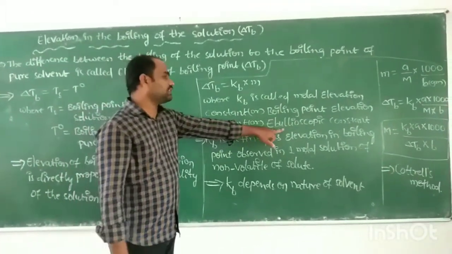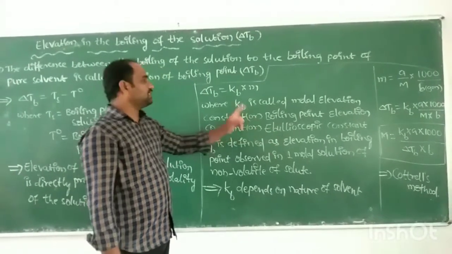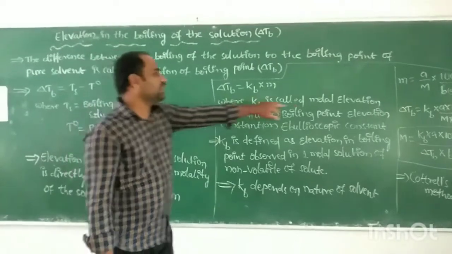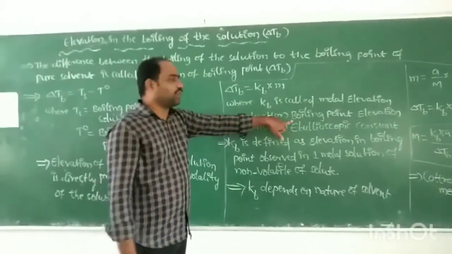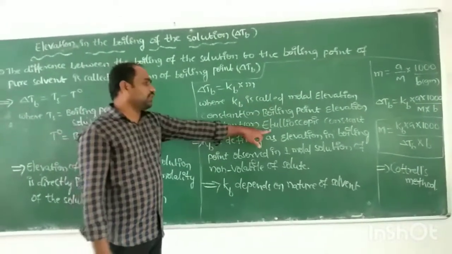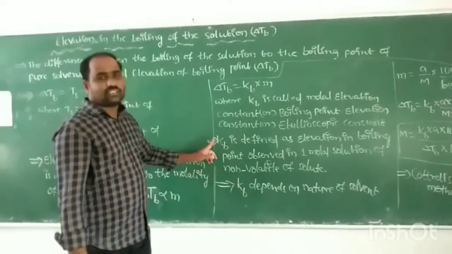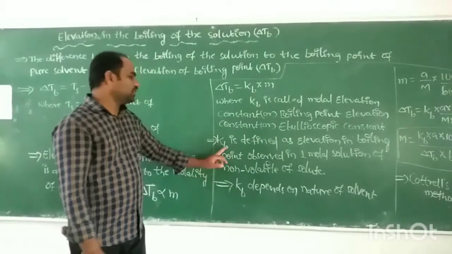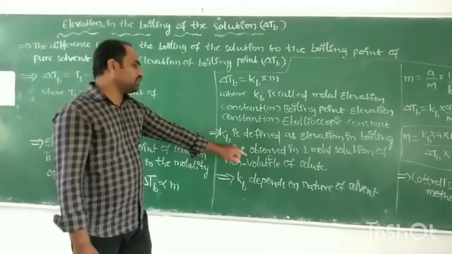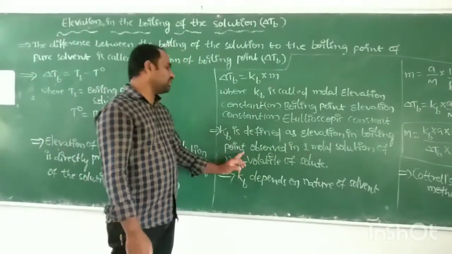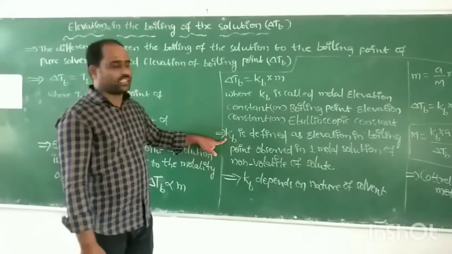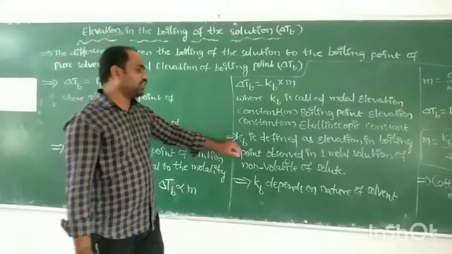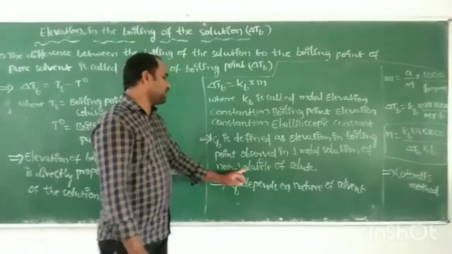It is also known as the ebullioscopic constant. Listen students, here Kb is a constant. This constant is known as the molal elevation constant or boiling point elevation constant or ebullioscopic constant. Kb is defined as the elevation of boiling point observed in a 1 molal solution of a non-volatile solute.